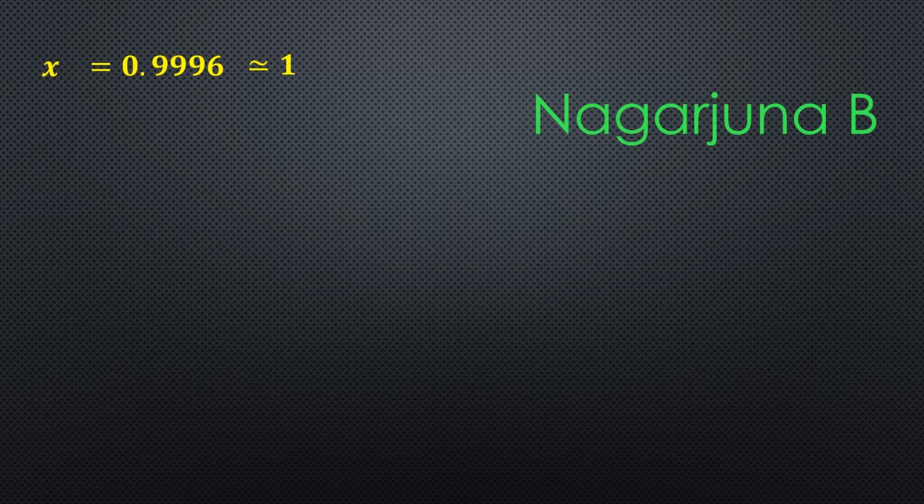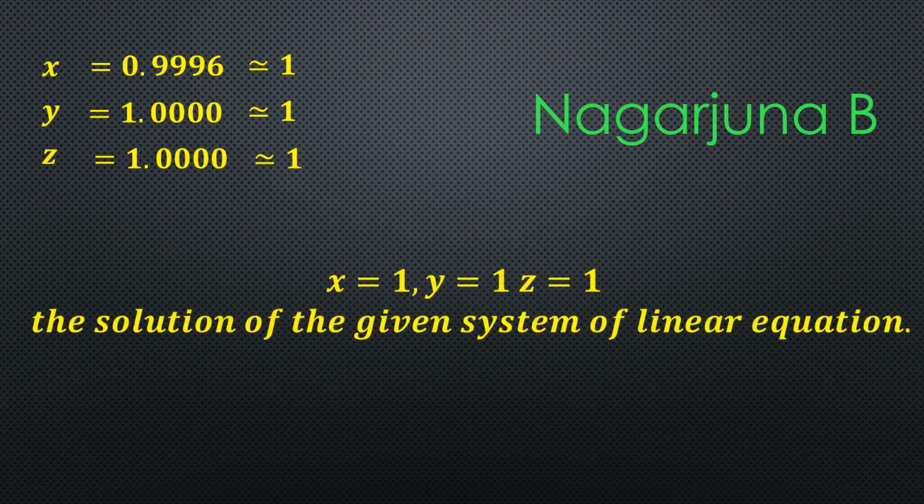So x is equal to 0.996 is the value which we have got at the third approximation, and we can write it as equivalent to 1, and y at the third approximation is 1, and z is 1. Therefore x is equal to 1, y is equal to 1, and z is equal to 1 is the solution for the given system of linear equations by using the Gauss-Seidel method.